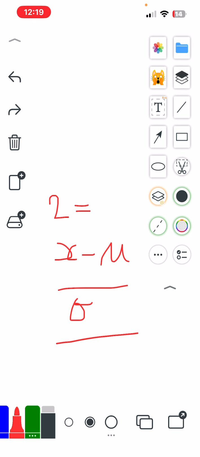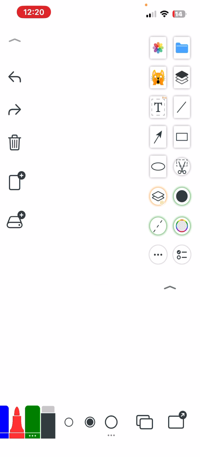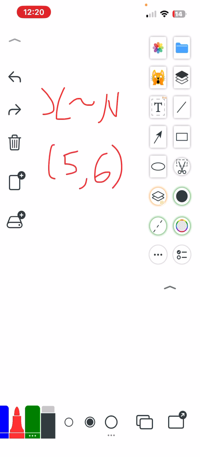Let's take an example. Say x is a value with a mean of 5 and a standard deviation of 6.